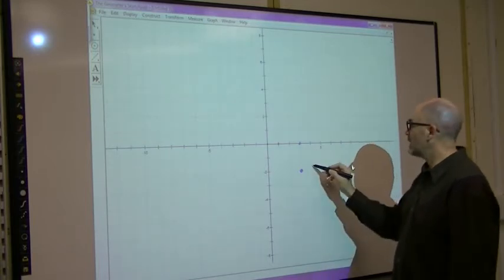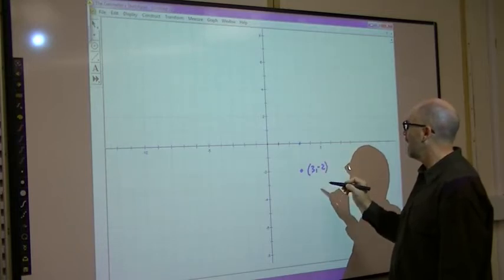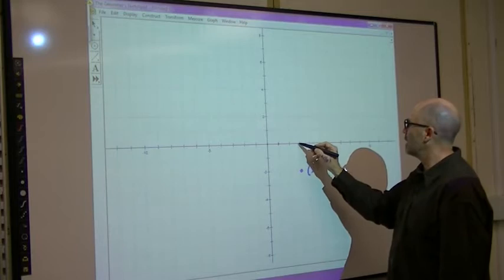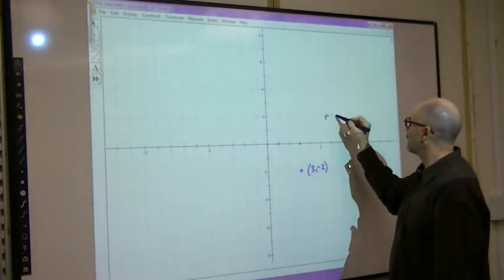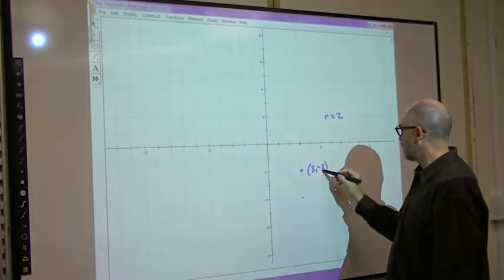If I know the center, (3, -2), and I know that it's tangent to the x-axis, then I know right there that the radius equals 2.